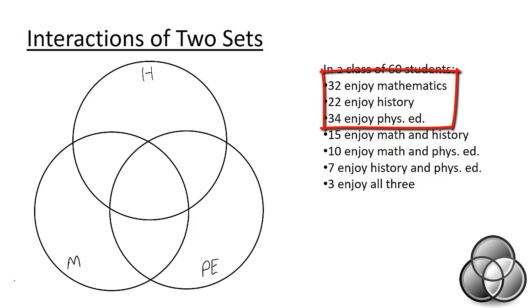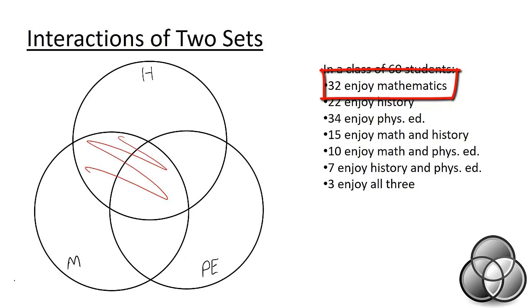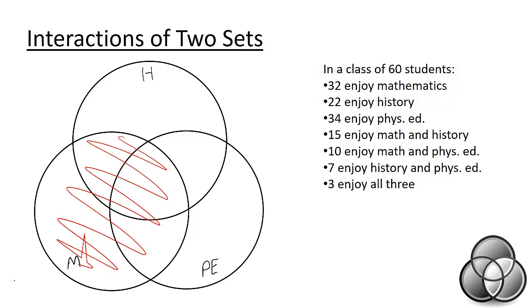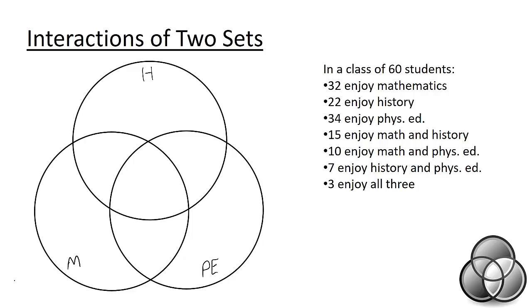Now, looking at the bullets, we can't put 32, 22, or 34 into the circles quite yet. For example, 32 actually refers to all 4 of the shaded regions here, the mathematics circle. So we're going to skip these numbers for now and work down towards the bottom.